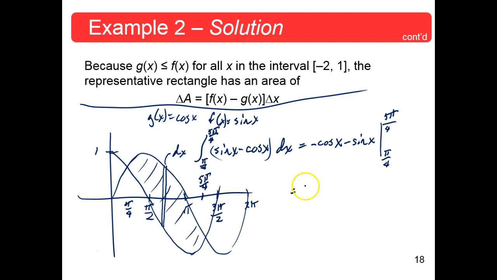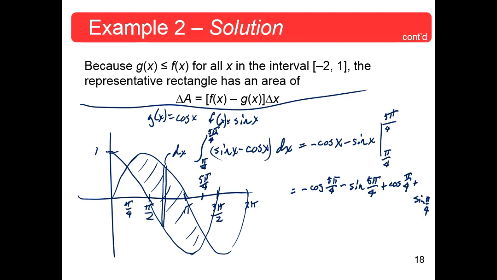Now, the minus of cosine of 5 pi over 4, minus the sine of 5 pi over 4, minus a minus, which is plus the cosine of pi fourths, and minus a minus, which is plus the sine of pi fourths. Should have planned ahead, right? Not run out of room.